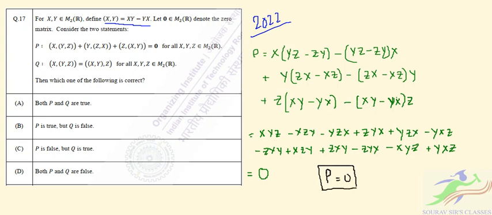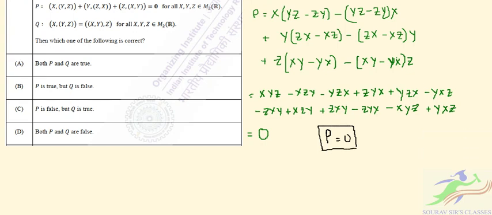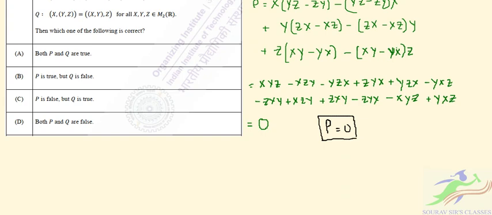Now we will check Q. In the case of Q, we first take the left hand side: x(yz minus zy) minus (yz minus zy)x.